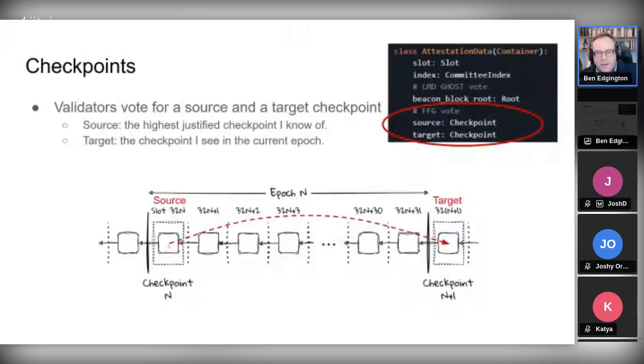And so when I make an attestation, my source vote is for that checkpoint there. This is justified. And the target is whatever, assuming we're in epoch n+1, the target checkpoint is the checkpoint of the current epoch. So I vote from source to target, and we can imagine it as an arrow, this sort of curved arrow here is my vote.